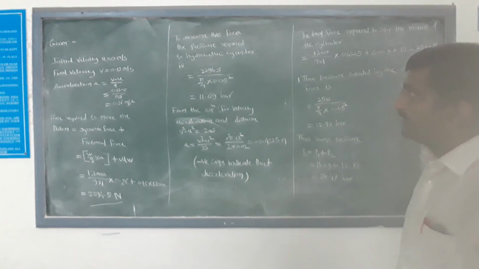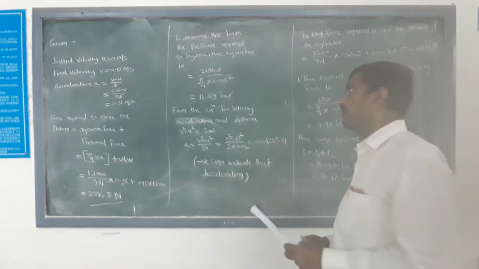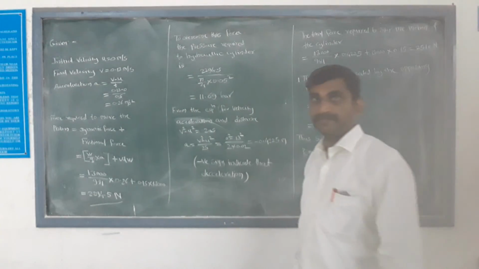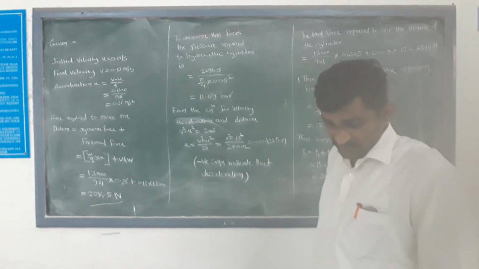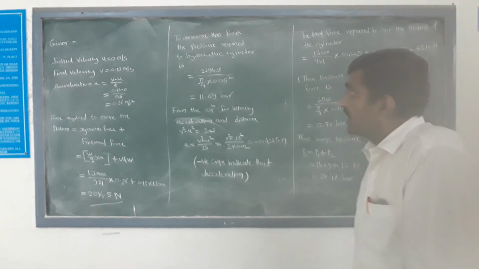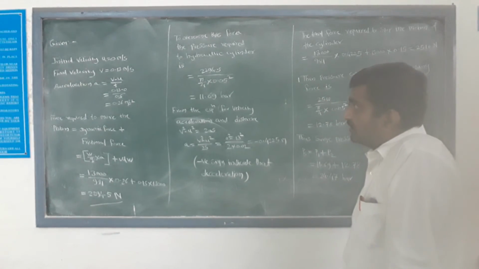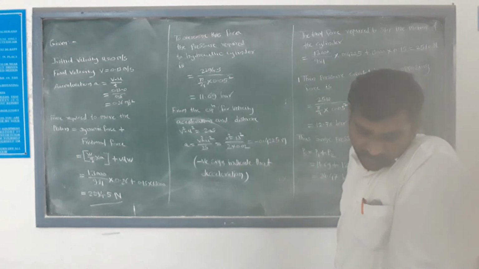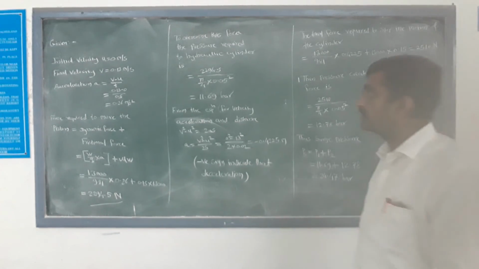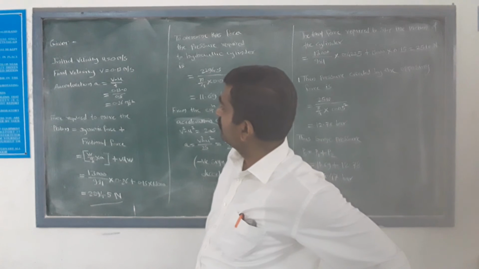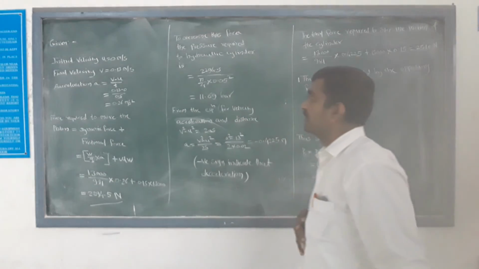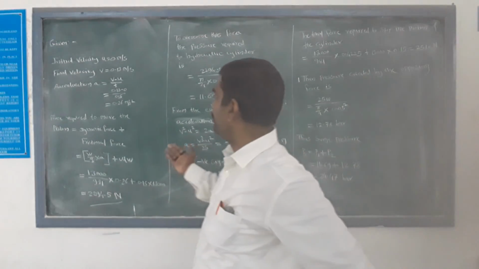In this problem, we were given initial velocity u, final velocity v, and we find acceleration a from v minus u upon t, so we have acceleration 0.26 meter per second squared. After that, the 13 kilonewton weight and the coefficient of friction 0.15 mu were also given. So the force required to move the piston equals dynamic force plus frictional force.